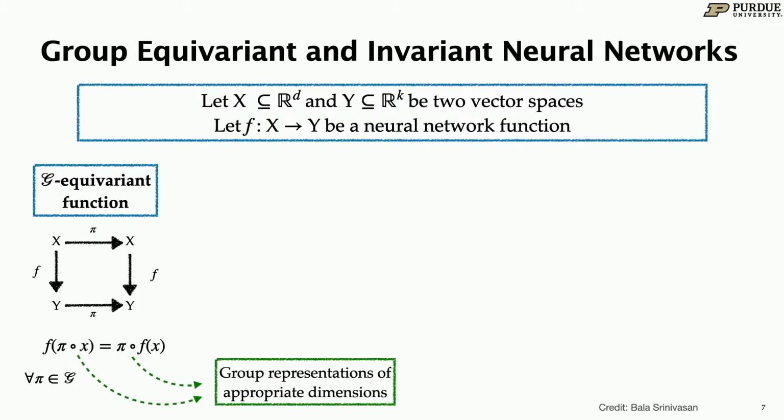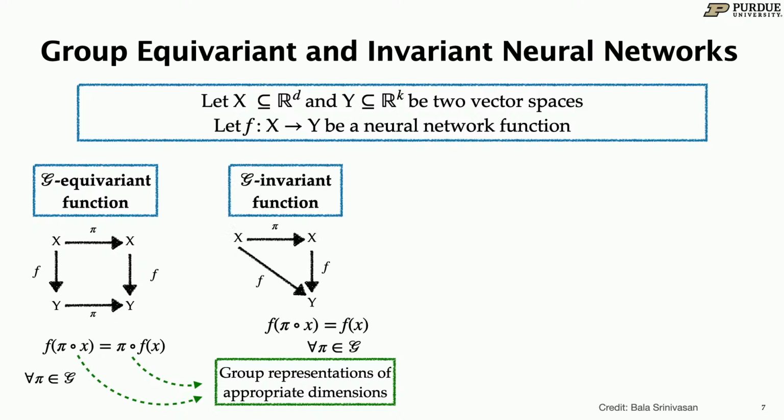That's what equivariance means. These dimensions can be different, so applying on X may be a different dimension than applying on F, so this operator is appropriate for the space we are talking about. G invariance is just that if I apply the transformation on the input and apply the function, it doesn't matter, I end up with the same output.